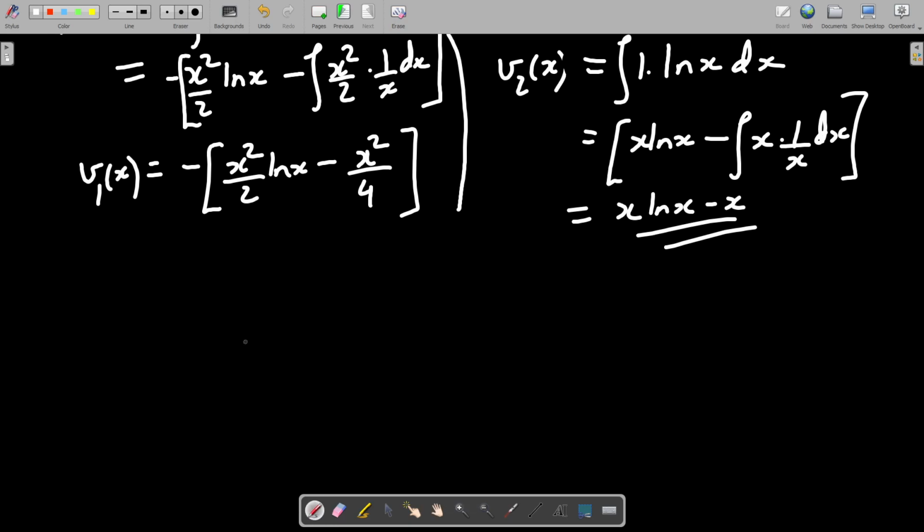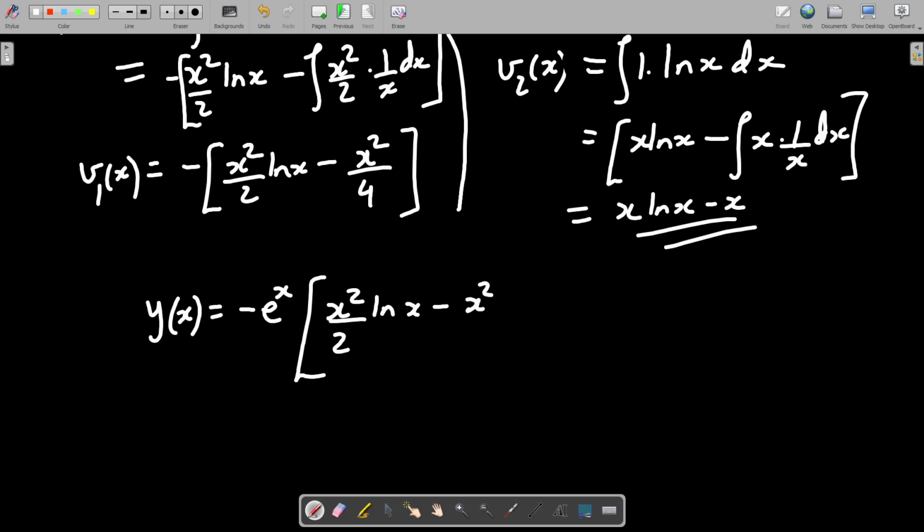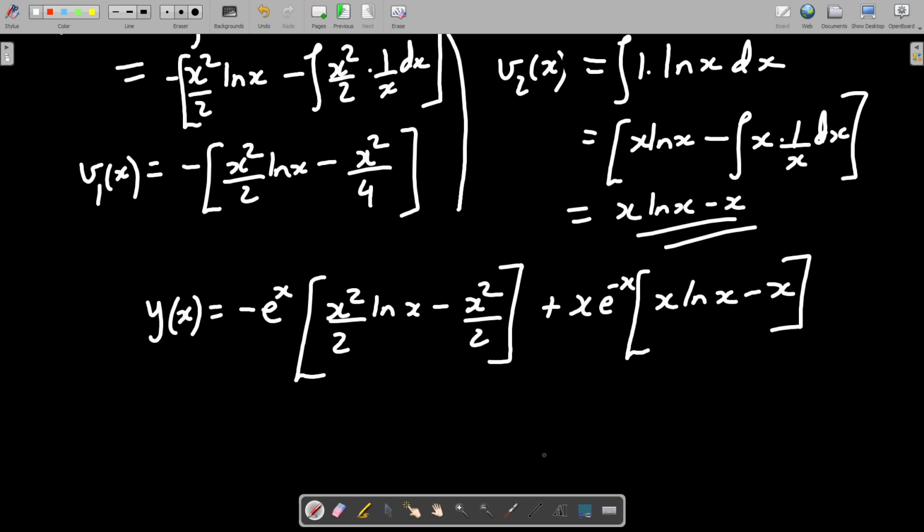So what is going to be my y of x? v1 of x into y1, that's going to give me. So this is your final answer for this problem.